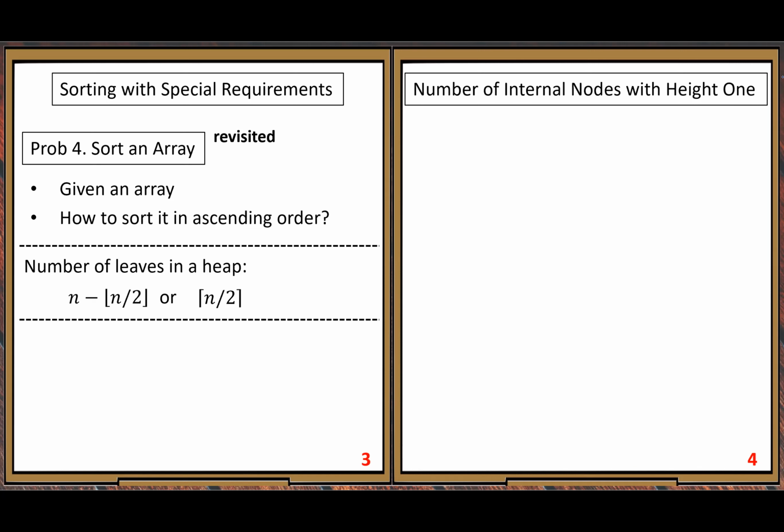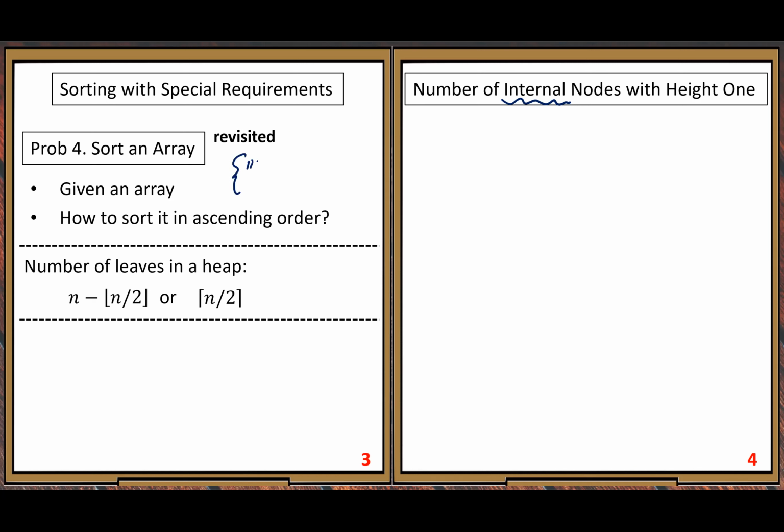Now the question: the number of internal nodes with height 1. Here I use this special term, internal nodes. You may want to ask what internal nodes means. They are the nodes that are not leaves, non-leaf, internal.